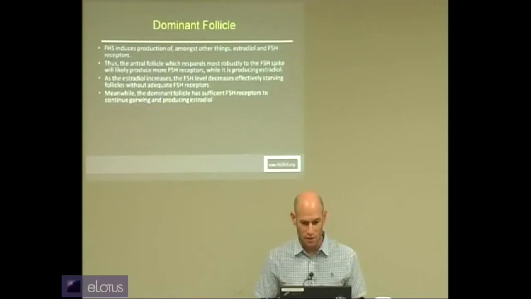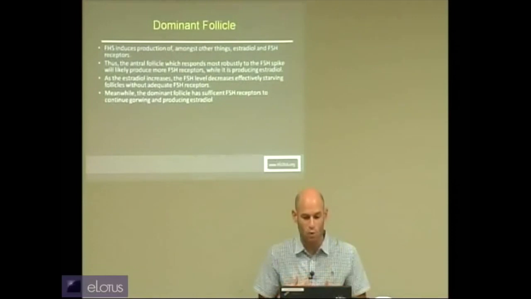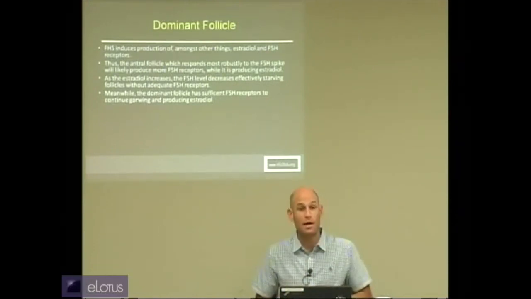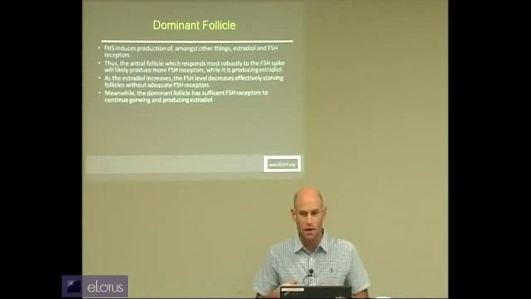So as the FSH rises, one of those follicles will respond more robustly to the FSH, and it will make more FSH receptors. As it makes more FSH receptors, that FSH causes it to make more estrogen.